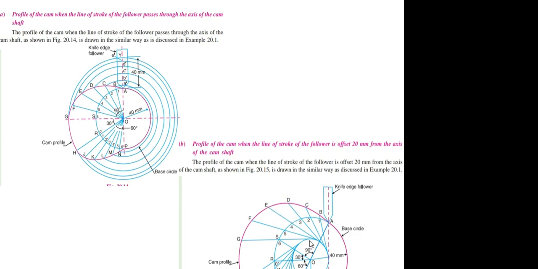Likewise, take the respective distance of the displacement from the displacement diagram and mark on these tangents from the base circle. We will get different points B, C, D, E, F, G, H, J, K, L, M, N, P. Passing all these points, draw the smooth curve. You will get the cam profile of the cam.